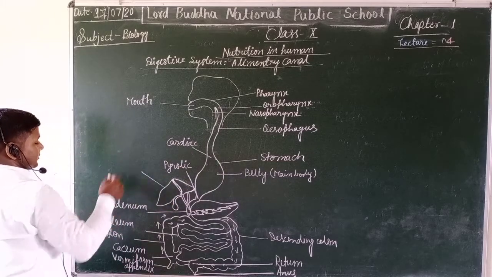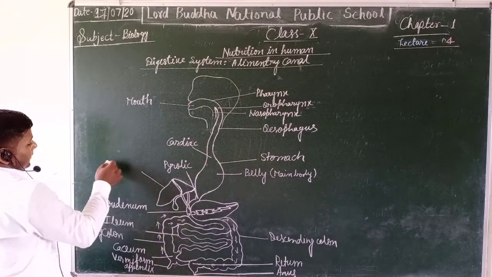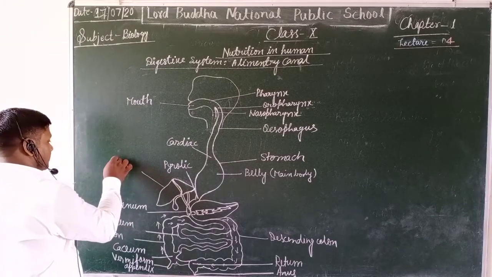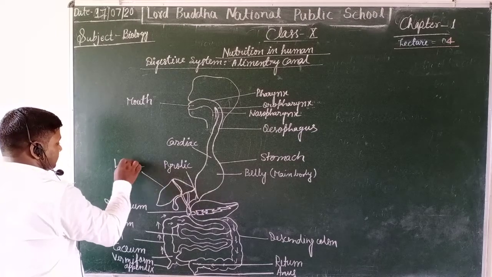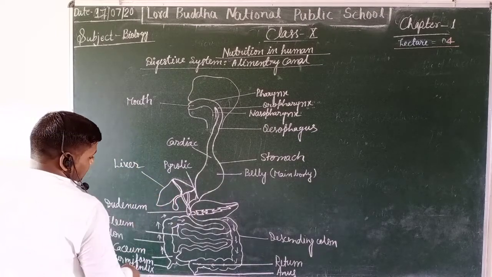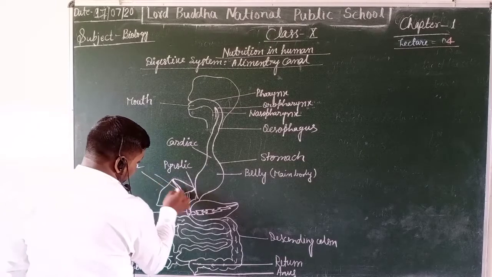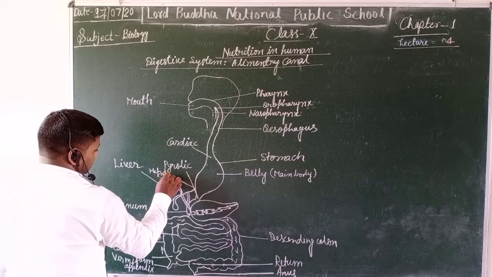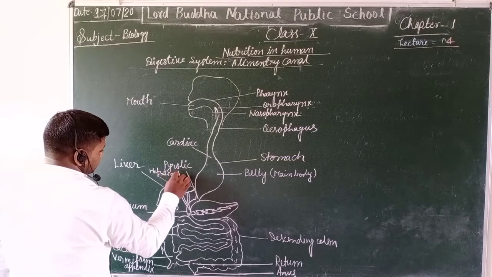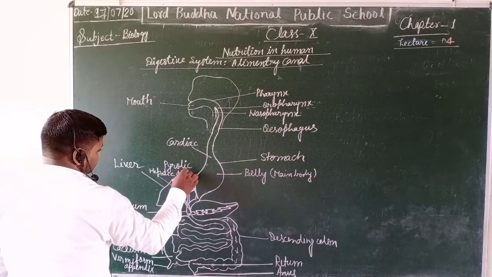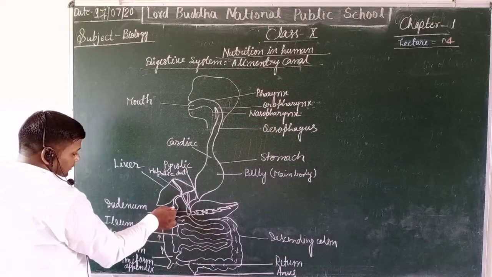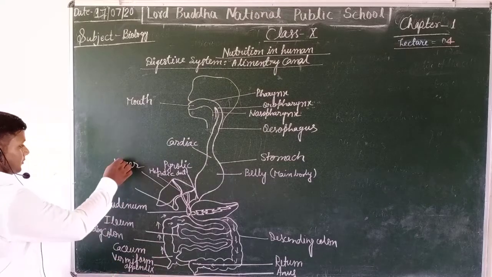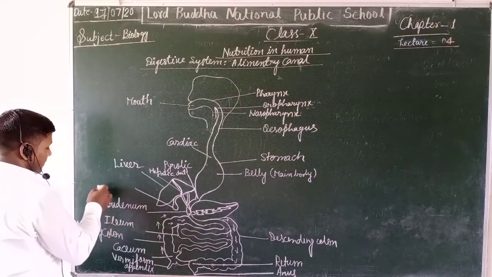This is the largest gland of the digestive system, not only of the digestive system but also of our body. Liver, it lies on the hepatic duct, and this is a pear-shaped structure present just below the liver, the gallbladder.